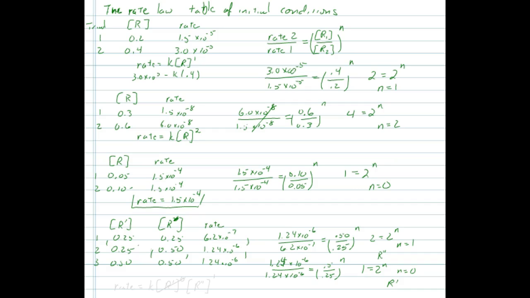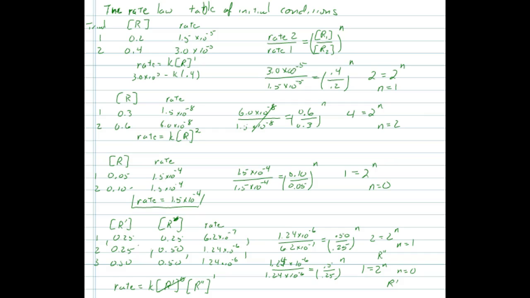So the rate law would equal k times the concentration of R prime to the 0 times the concentration of R double prime to the first. That is 1.